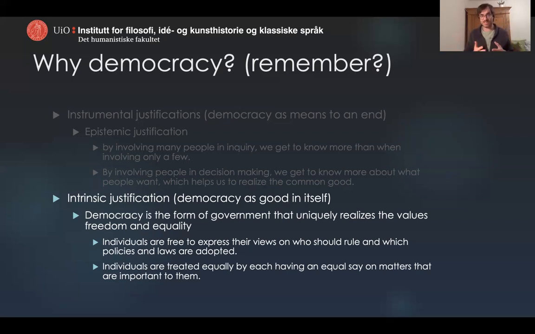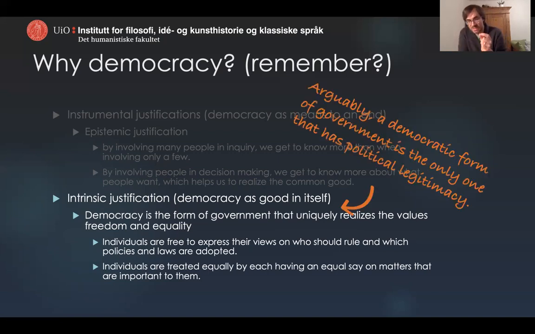It's in a democratic society where individuals are free to express their views on who should rule and which policies and laws are adopted. They have a say in them, and they're treated equally by having an equal say on what matters are important to them. So democratic societies realize the values of freedom. Individuals are free to shape their own lives, positive freedom. They're free also from oppression, negative freedom, and they're all equal in that regard.